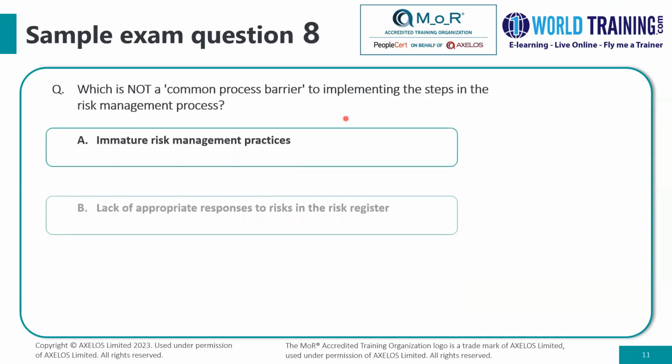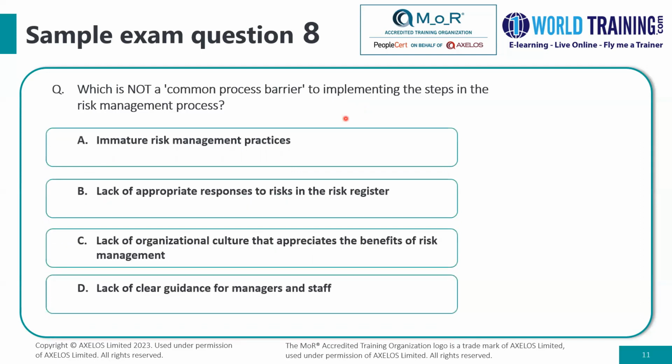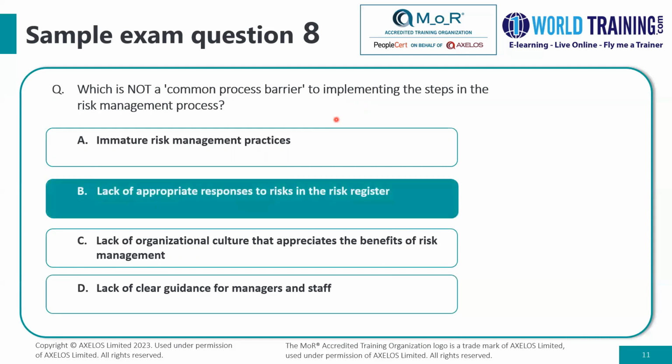Question number 8, which is not a common barrier to implementing the steps in the risk management process? Correct answer is B, lack of appropriate responses to risks in the risk register.